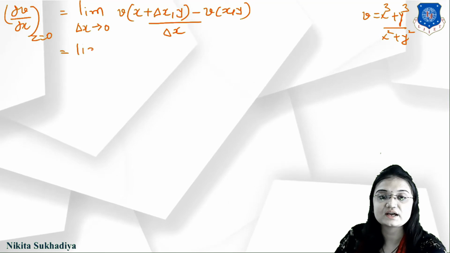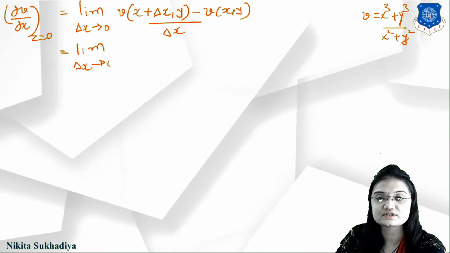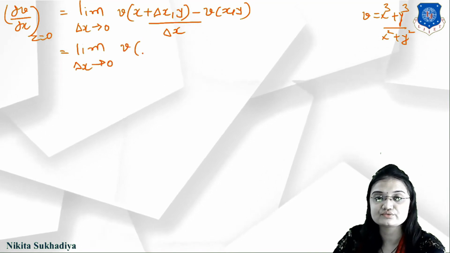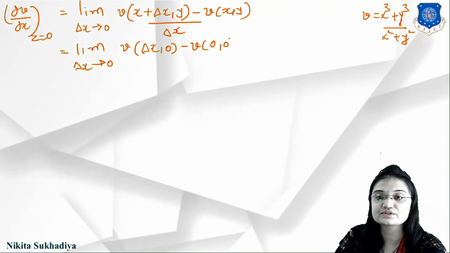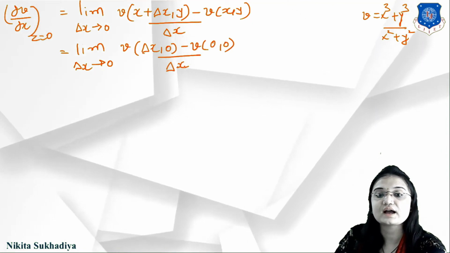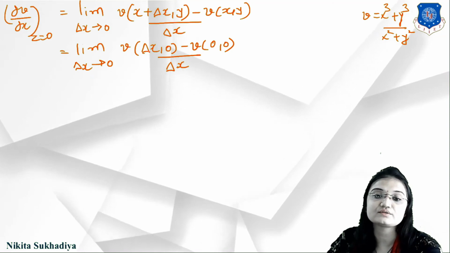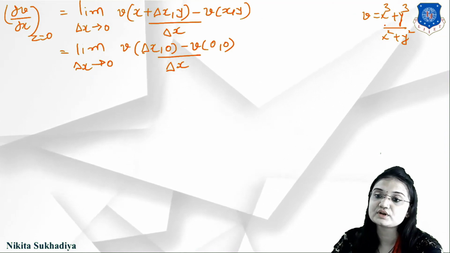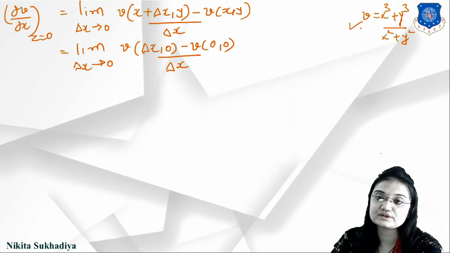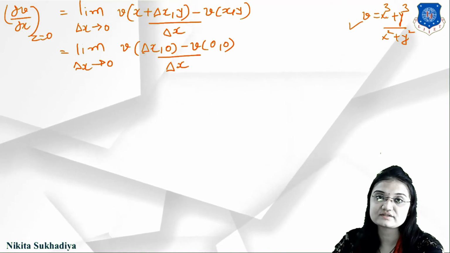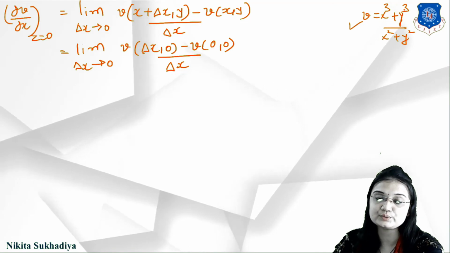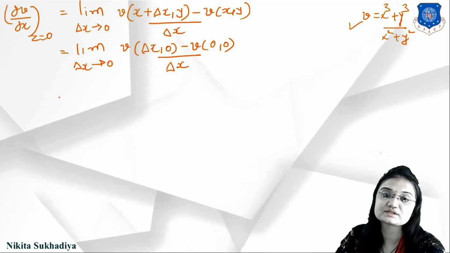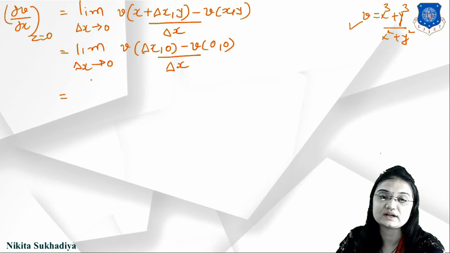But at the origin x and y both are 0. So this is limit Δx tends to 0, v(Δx, 0) minus v(0, 0) upon Δx. Now what is the meaning of v(Δx, 0)? So put x is equal to Δx and y is equal to 0. So we will get Δx cube upon Δx square, so this is only Δx.